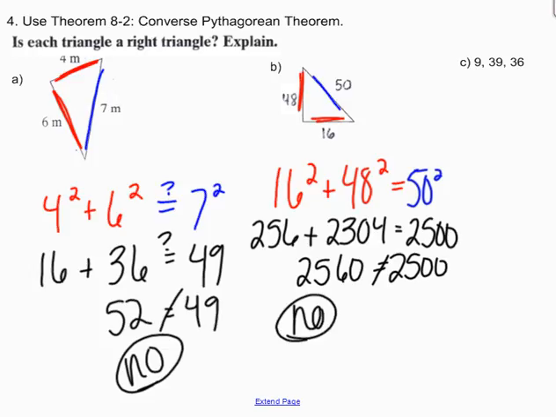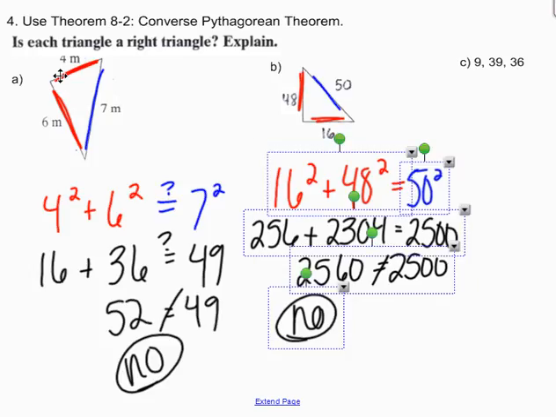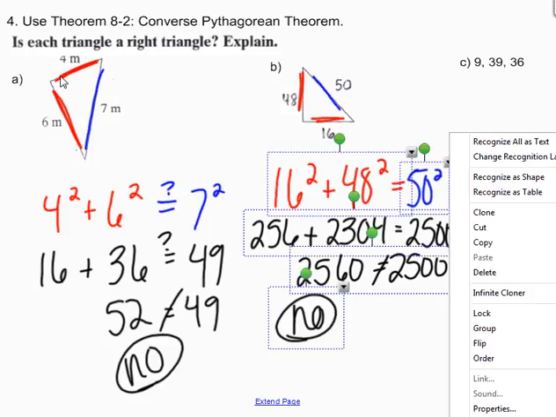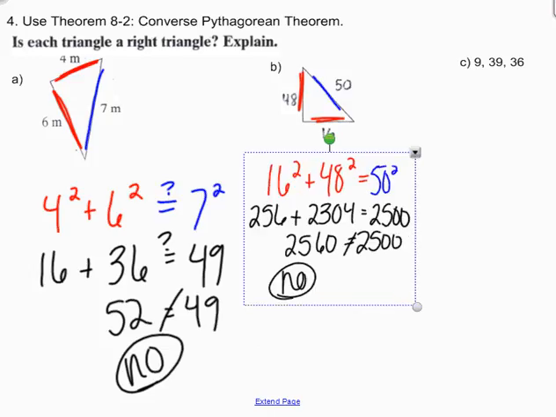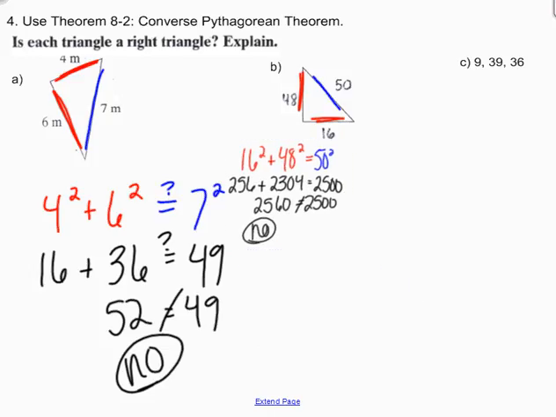And then the last one is trying to trick me. I don't know if you noticed, but they didn't put it in order. They didn't go least to greatest. So your two legs are first and last. It's the smallest. So I'm going to take the two smallest. So 9 squared plus 36 squared.